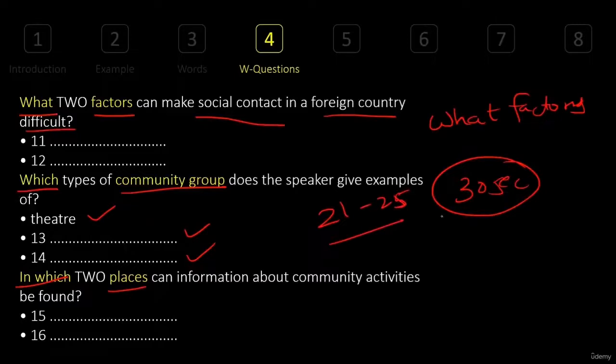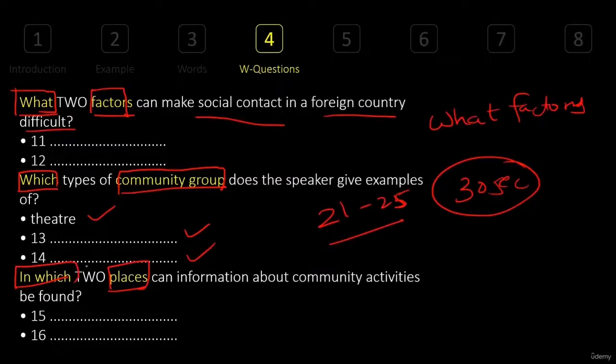So in these 30 seconds, what you're supposed to do is read the questions and underline the important information, like we did here: what factors, in here which community groups, and here in which places. You see, this information is going to be very helpful for us in the coming task.